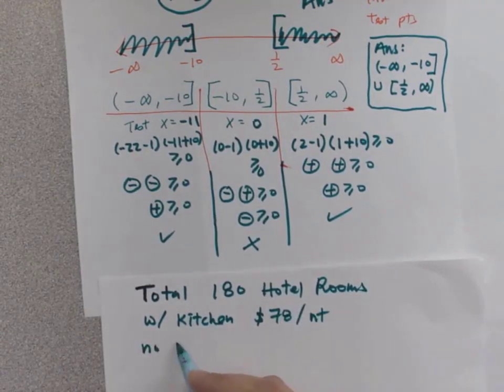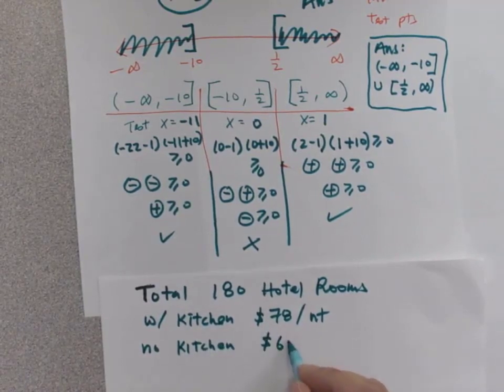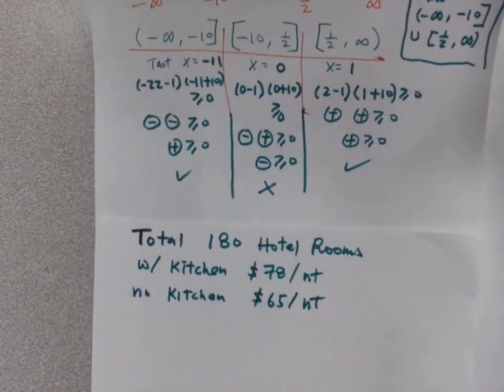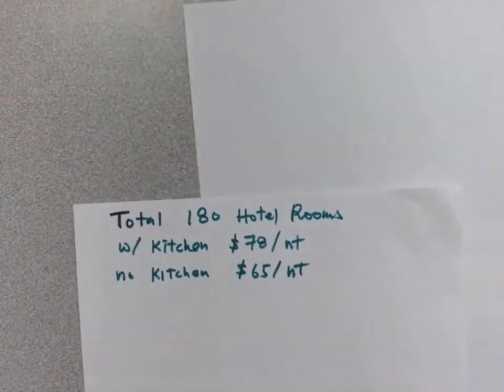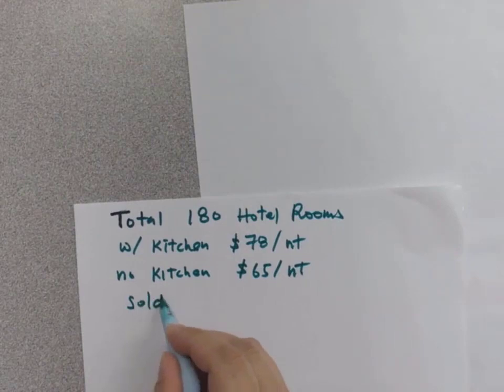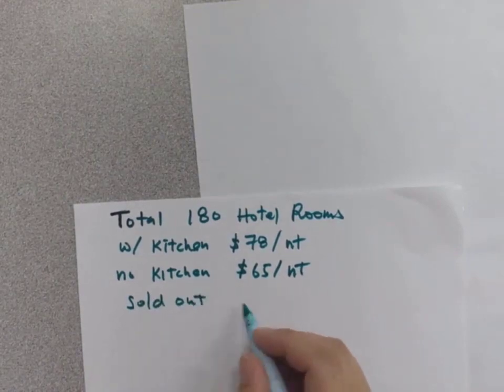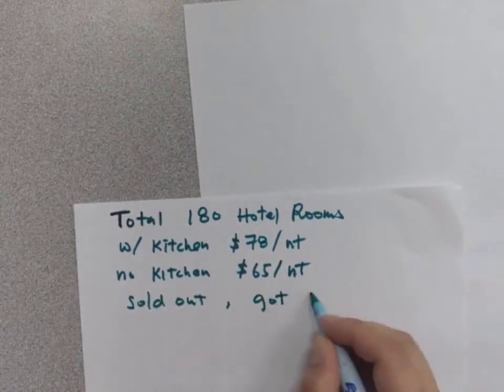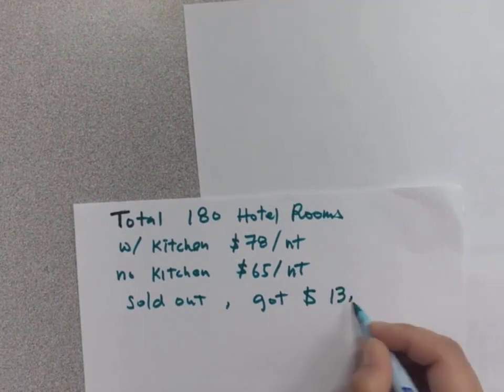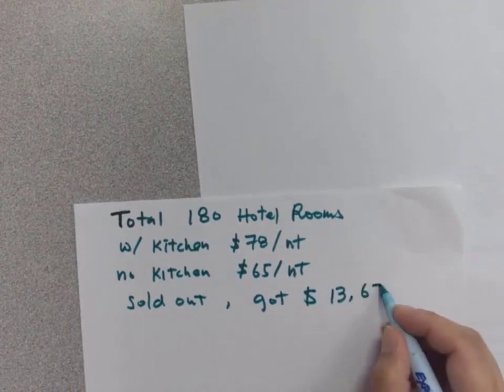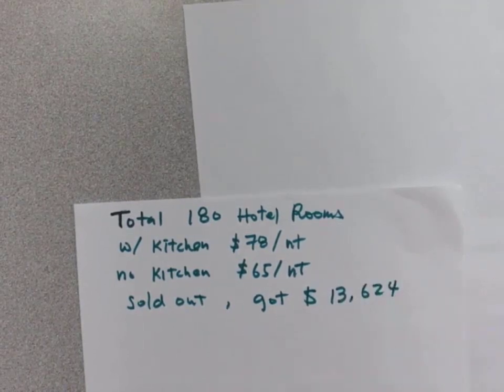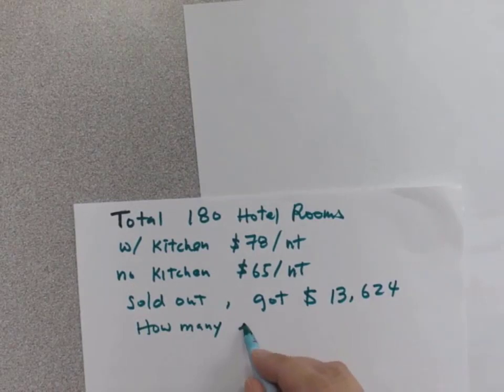And the one with no kitchens is going to be $65 a night. So one night they were sold out, and they got $13,624 for revenue. So we want to know how many of each type of room they have.